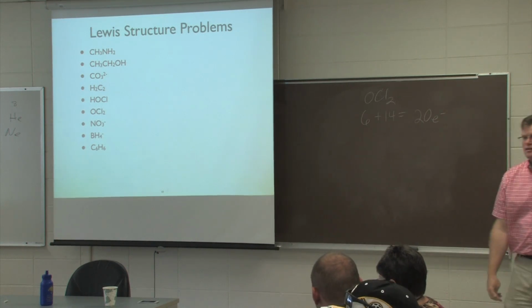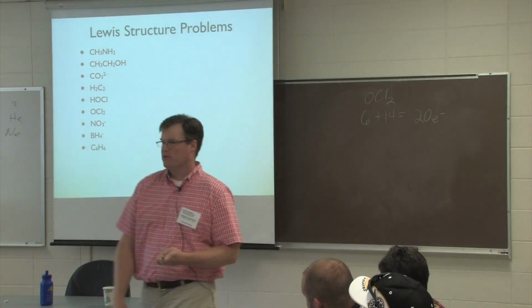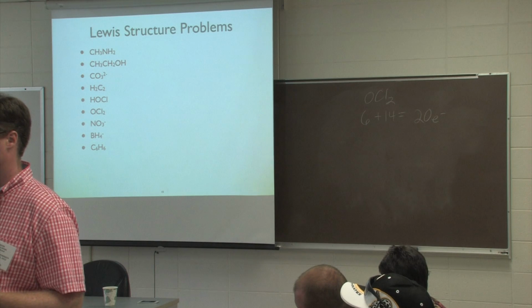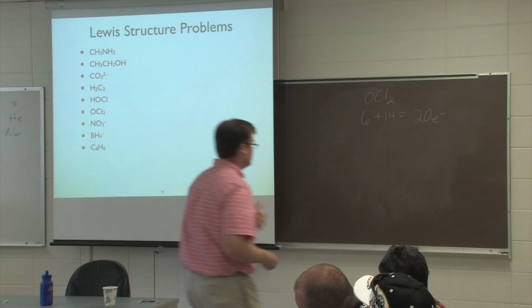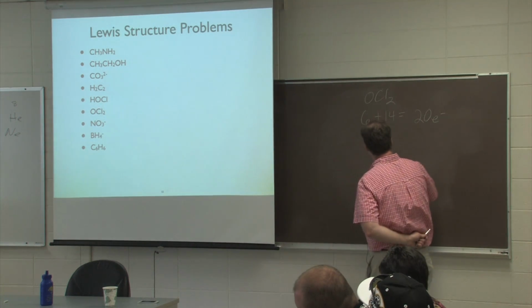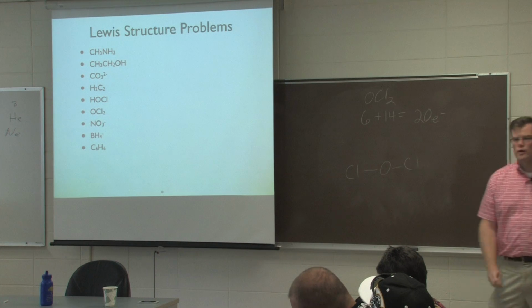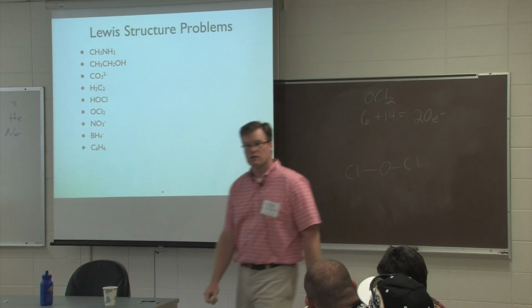Okay. So now you can start to take advantage of your familiarity with chemistry. We know oxygen forms 2 bonds with water, right? So it's probably going to form 2 bonds here as well. So we can go through trial and error and say, all right, we're going to use 4 electrons to join these 2 chlorines to the central oxygen.